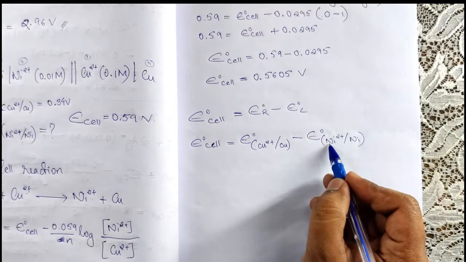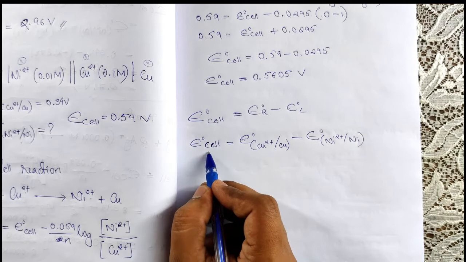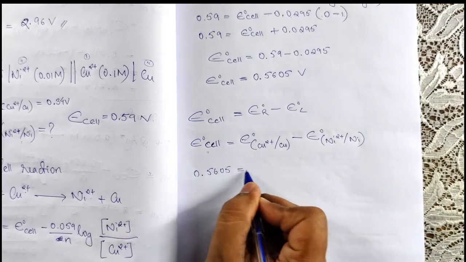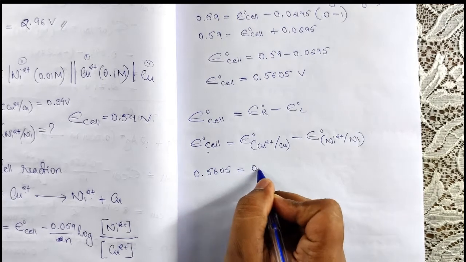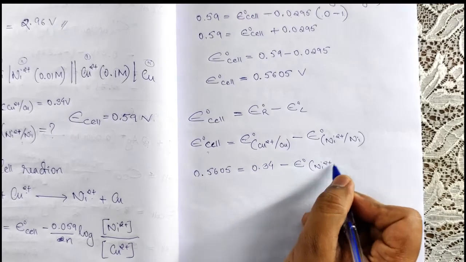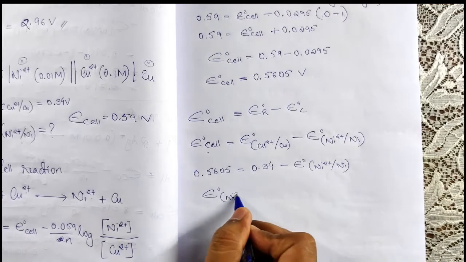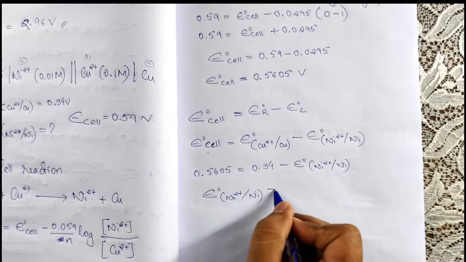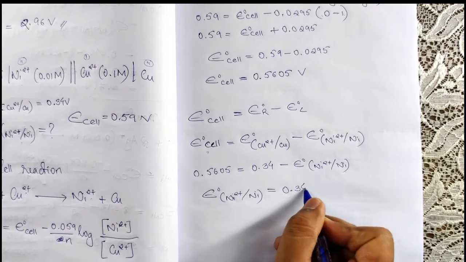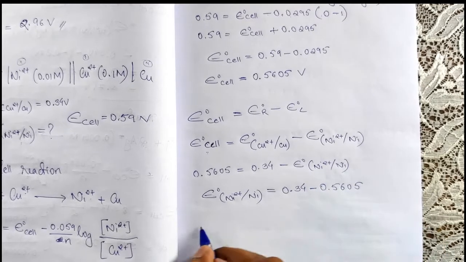So now we are going to calculate this one. So this is given in the equation. Now we have calculated this one as well. So 0.5605 is equal to 0.34 minus E naught Ni2 plus by Ni. So E naught Ni2 plus by Ni will be 0.34 minus 0.5605.